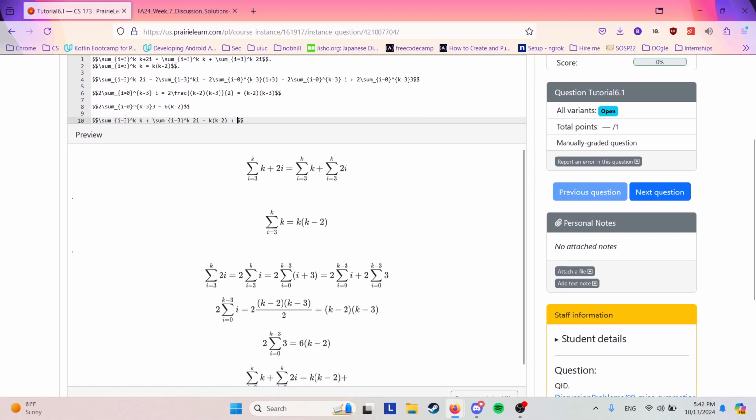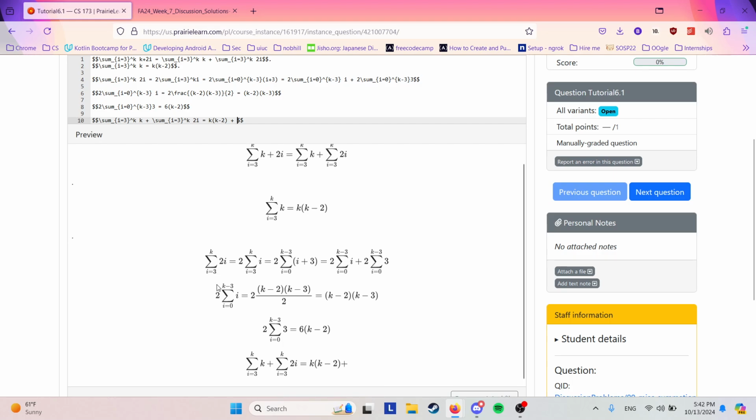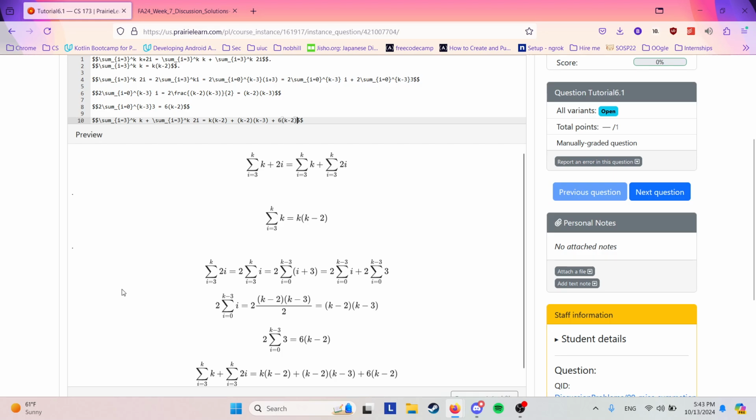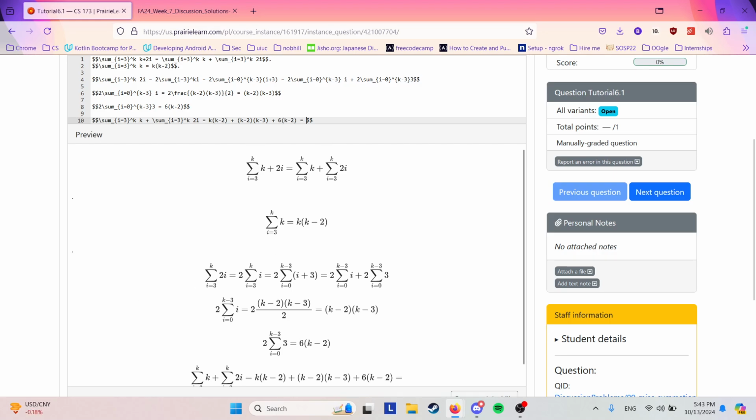And then the other part that we got is k minus 2 times k minus 3 plus 6 times k minus 2. If we do some algebra, I believe we should get that this equals 2k squared minus k minus 6, which is our final answer.